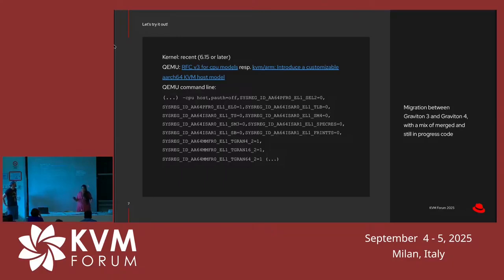If you configure two sides like this, you can migrate from a Graviton 3 system to a Graviton 4 system and vice versa. So this is already an accomplishment. We have two quite different systems of course, with a lot of similarities, but we can really move guests between the two, and it just works. So, first progress, I guess.